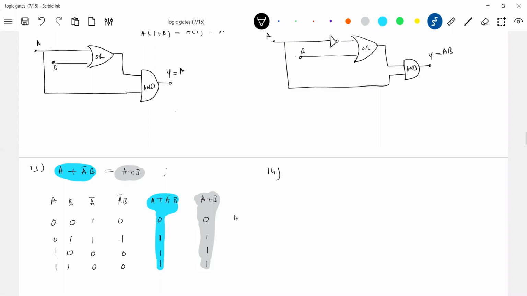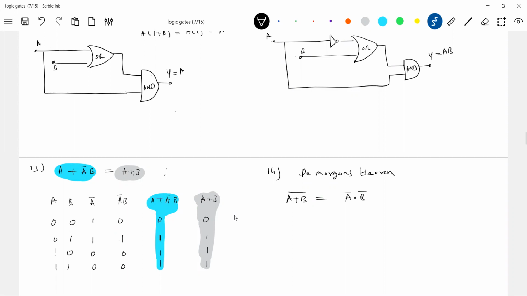Now, the 14th one, De Morgan's theorem. The complement of (A plus B) is equal to A complement dot B complement. What does this theorem say? The complement of the sum should be equal to the product of complements. You should not say sum here; sum means the OR operation.